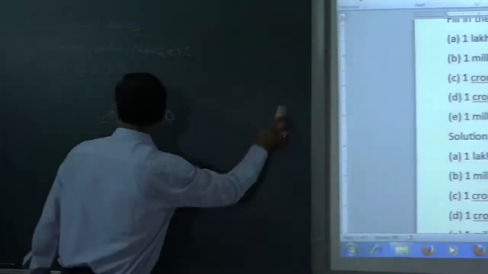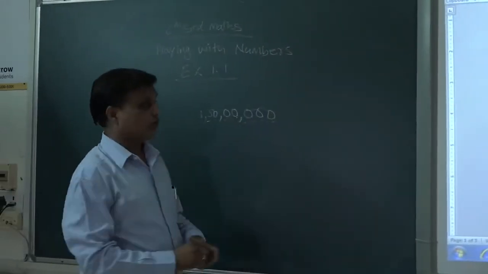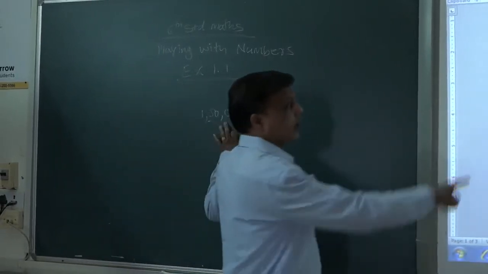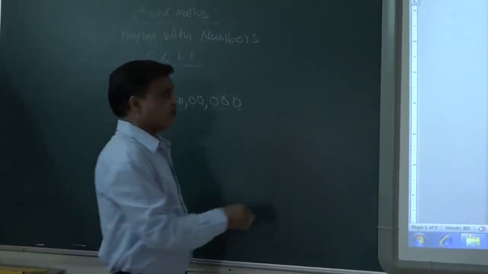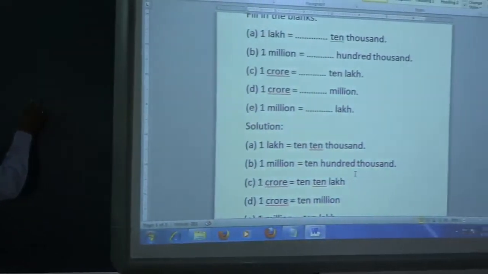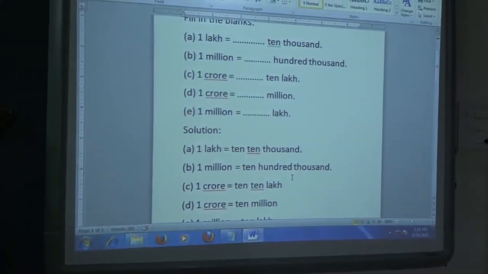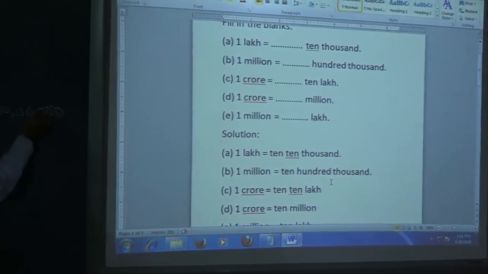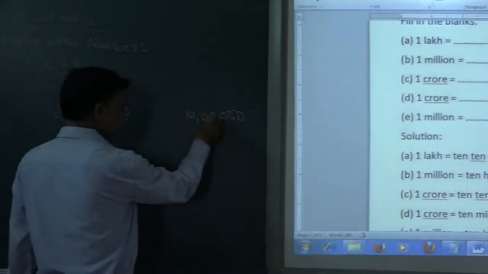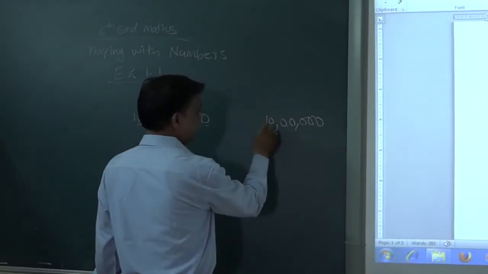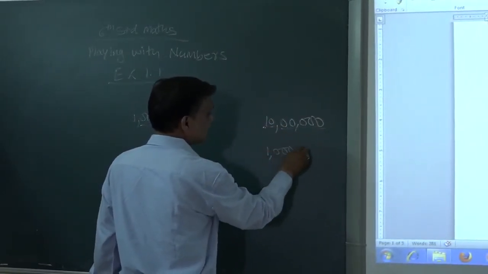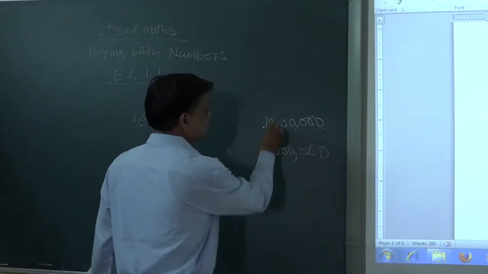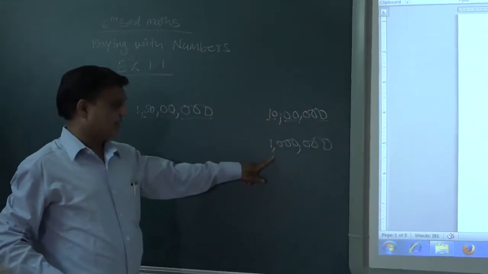Next question: 1 crore is equal to dash million. Again you have to see in 1 crore how many zeros. In 1 crore there are 7 zeros. And million means how much? 1 million means 10 lakhs. 1s, 10s, 100s, 1,000, 10,000, lakh, 10 lakh.